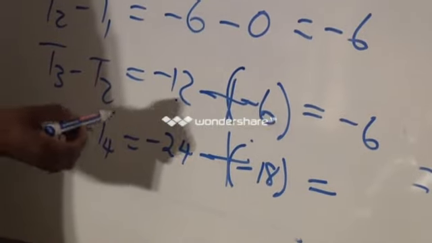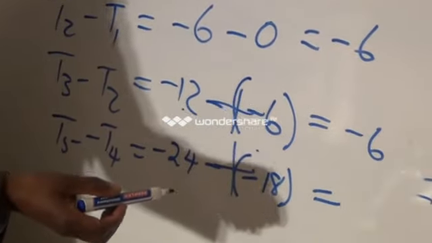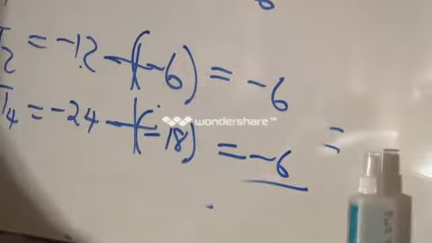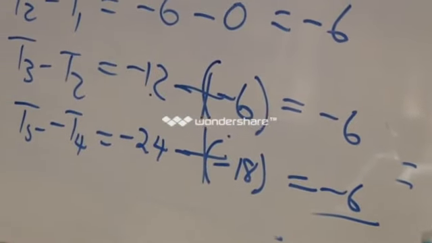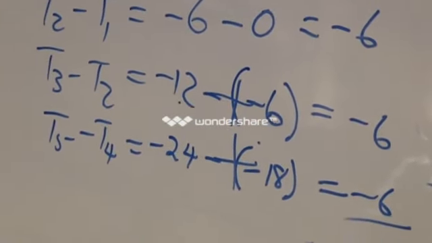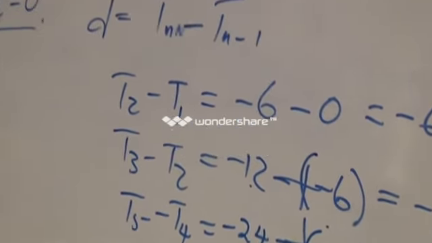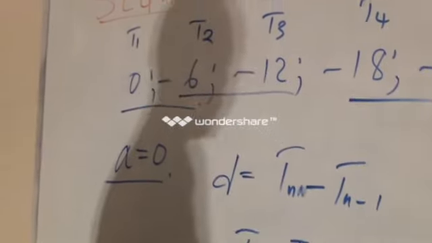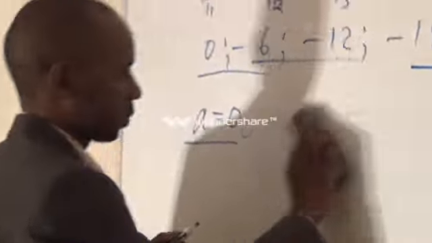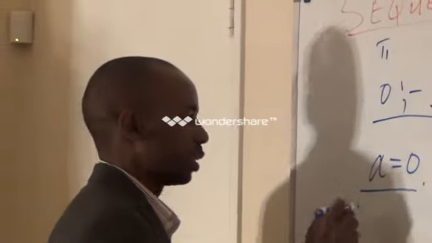So we have minus 24 plus 18, which is minus 6. So we are agreeable, therefore, that our common difference in this particular case is minus 6. So we now have that parameter D, common difference. D is equal to minus 6.